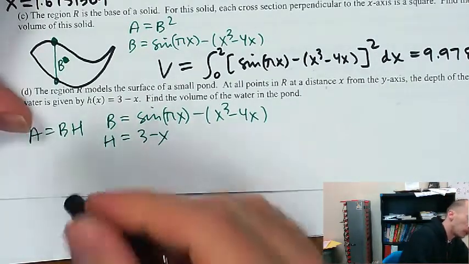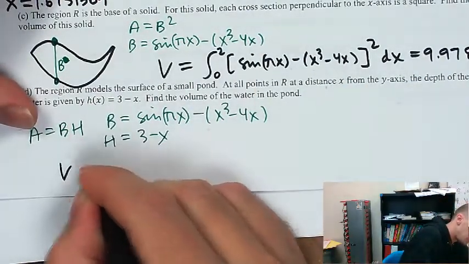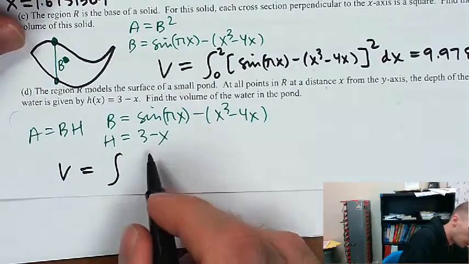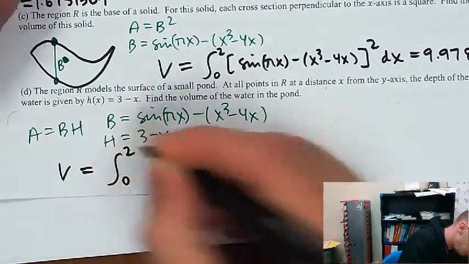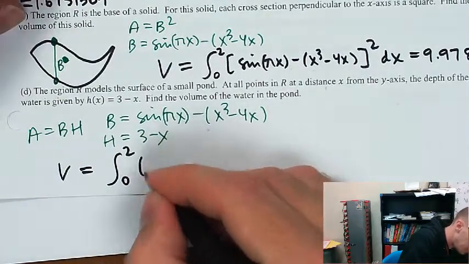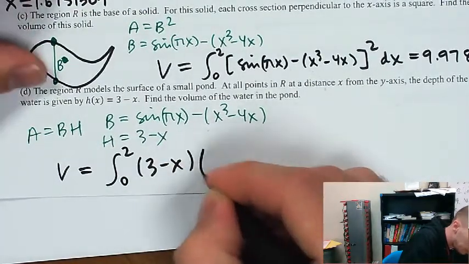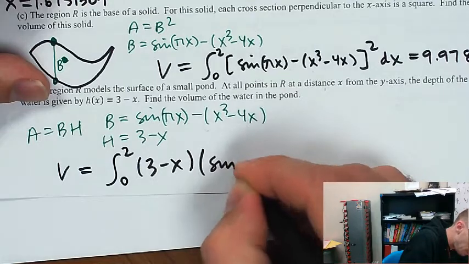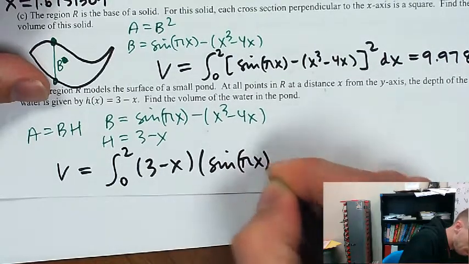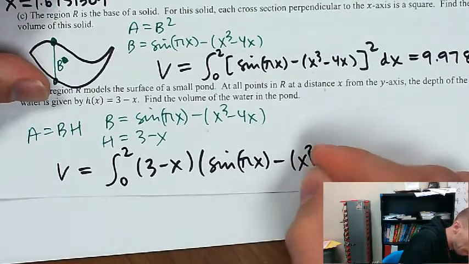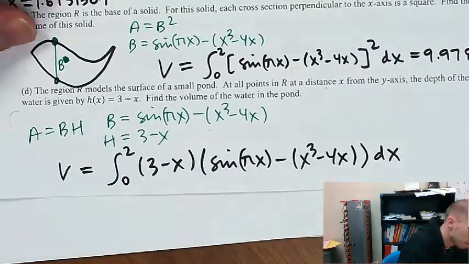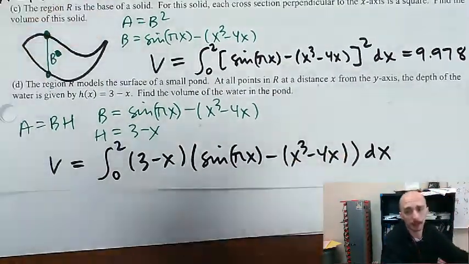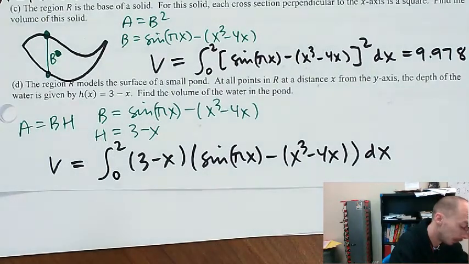So I'm going to say volume is equal to the integral of the area formula. Luckily, this depends on x, so I know x is going to run from 0 to 2. The integrand is 3 minus x times the base, and then we could type that into the calculator. It would be kind of annoying, but we could do it.